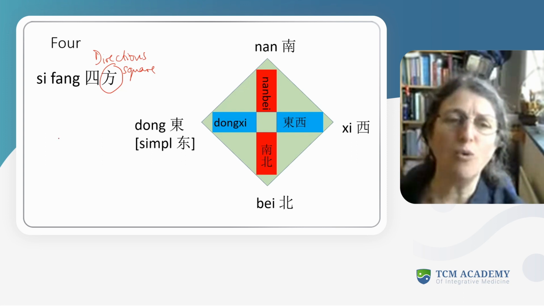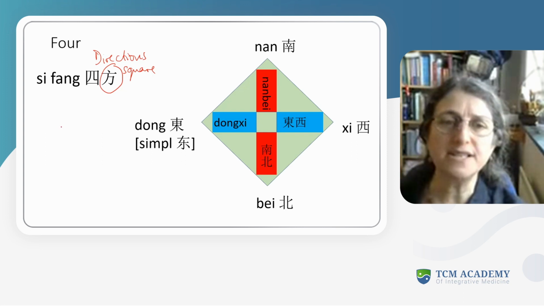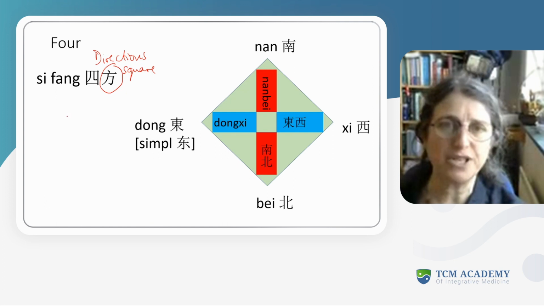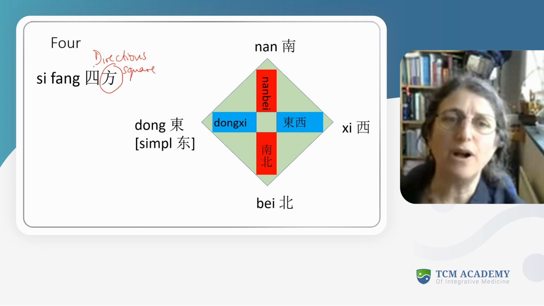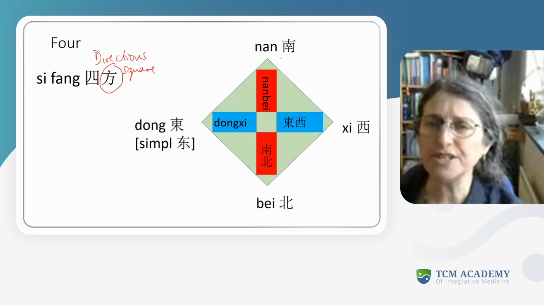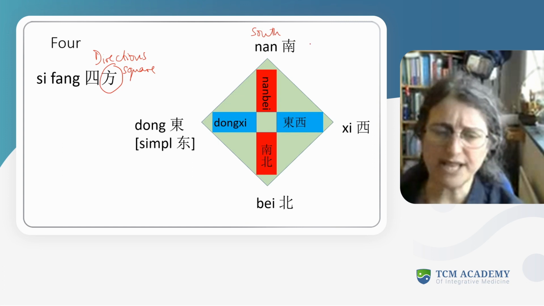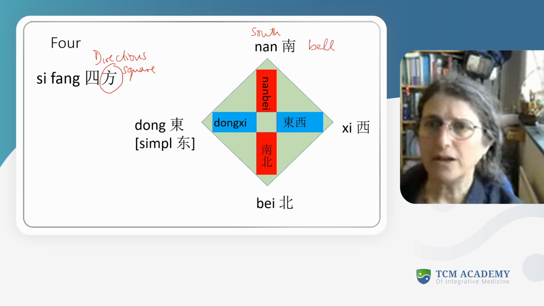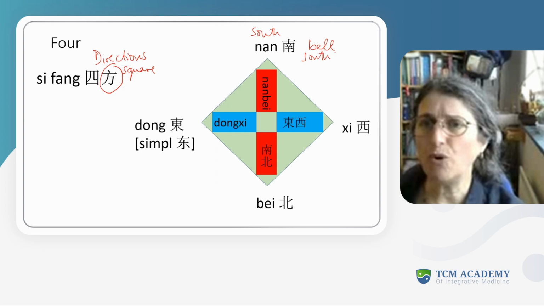Before we were looking at seasons and all sorts of stuff like that, and now we're on the world of the earth. And so here are the 4 directions. This is the south. And this character represents a bell, or a south pointing compass.